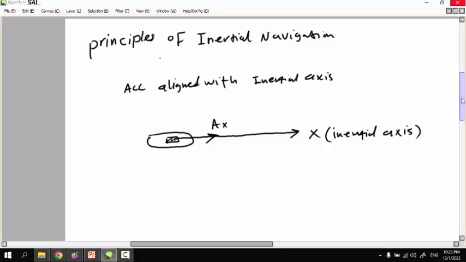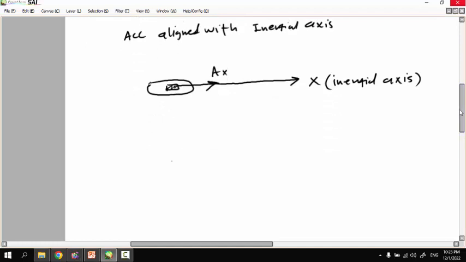If we integrate this acceleration, we'll get the velocity along the x-axis.